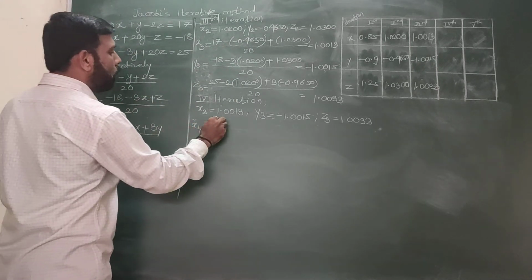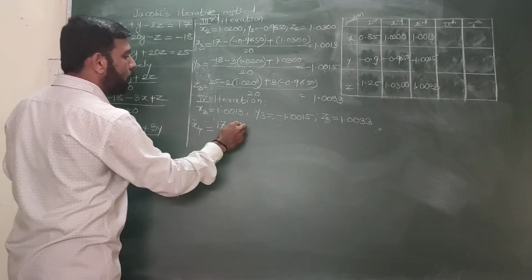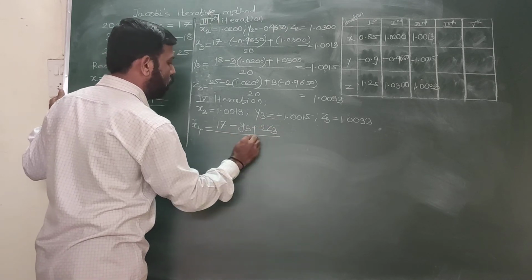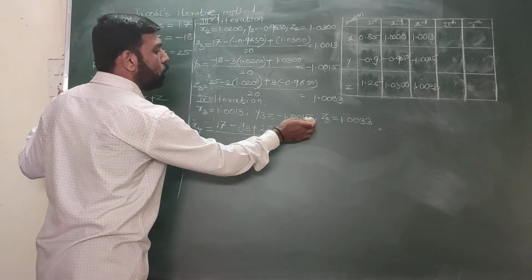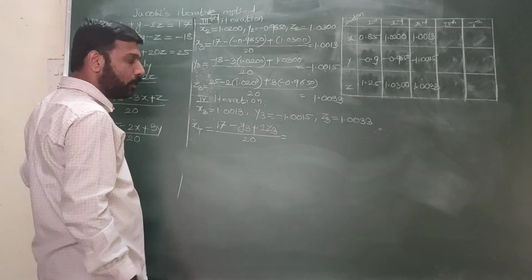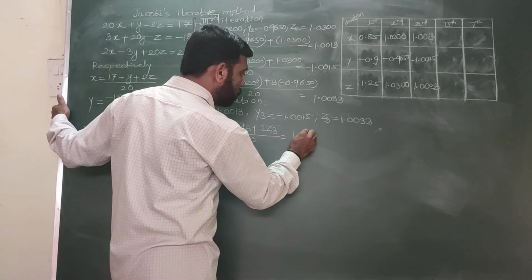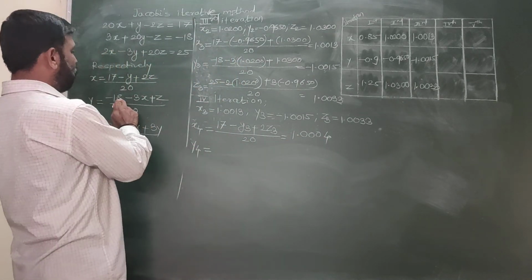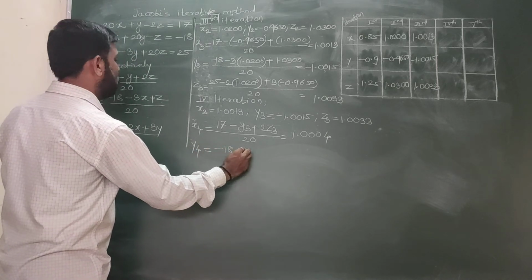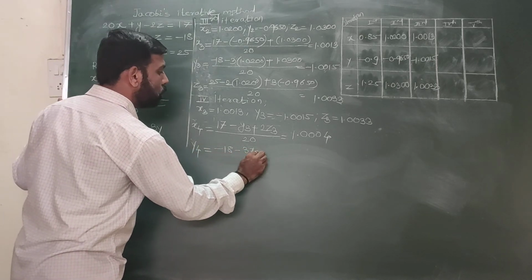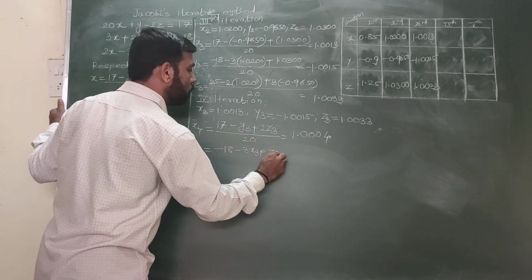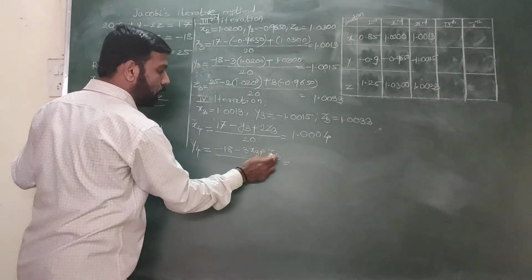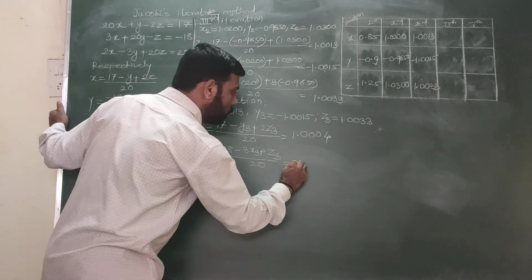So x4 becomes 17 minus y3 plus 2z3 upon 20, use the respective values of y3, z3 here, then x4 becomes. y4 formula: minus 18 minus 3x3 plus z3 upon 20, use the x3 value, z3, calculate this, y4 is.